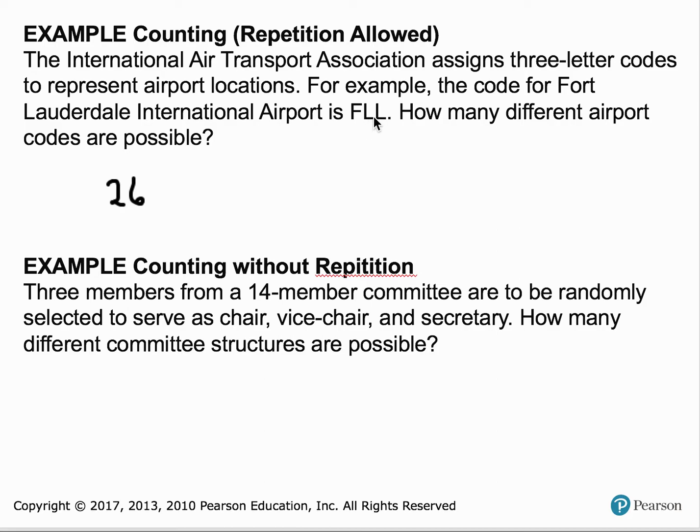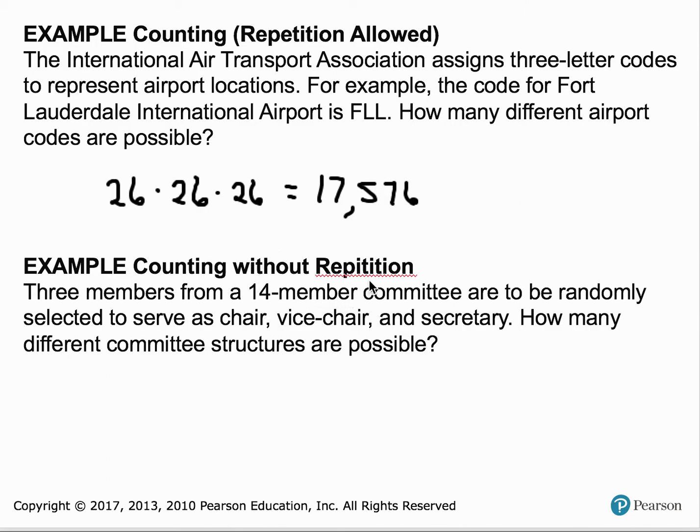And notice they can repeat, so just because I used an F here doesn't mean I can't use it again, so I still have 26 choices. And then for the third letter, I have 26 choices. So that's 26 to the 3rd power, 17,576 different airport codes available if they're 3 letters long.